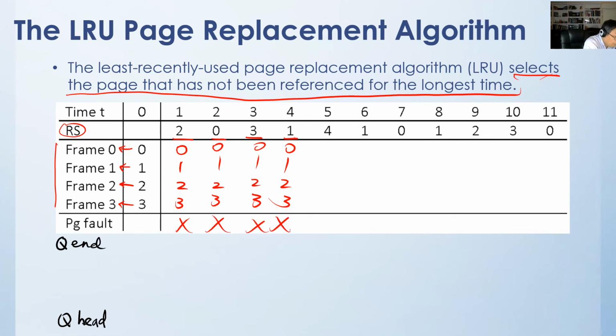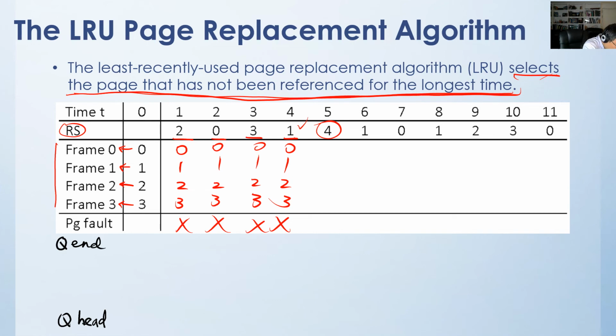Now, for the 5th reference, page number 4. 4 is not in the memory, so we have to replace one of the pages using the page replacement algorithm. Using LRU, we're going to select a page that has not been referenced for the longest time. So let's take a look. Are we going to replace 1?